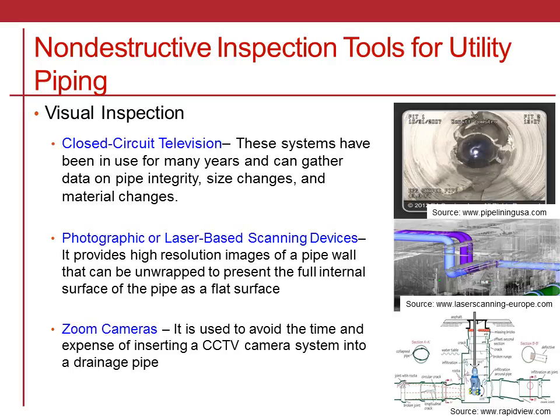There are so many non-destructive methods. We investigate them starting from a visual inspection. In this slide, there are three figures about CCTV and laser-based scanning and zoom camera. CCTV and zoom camera methods use a camera and get a picture or a video.